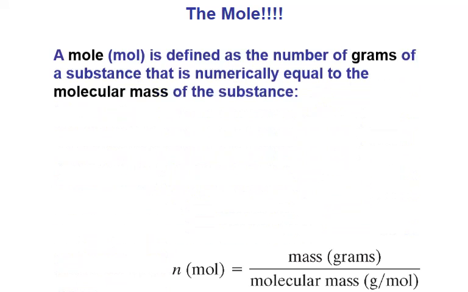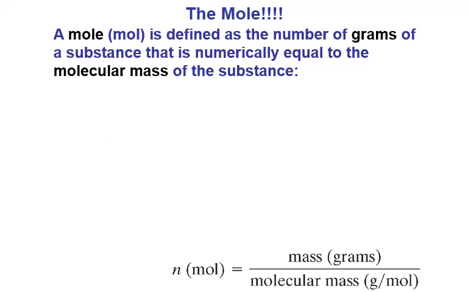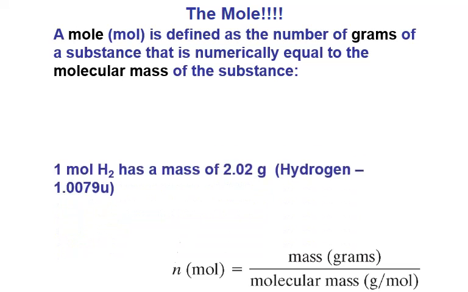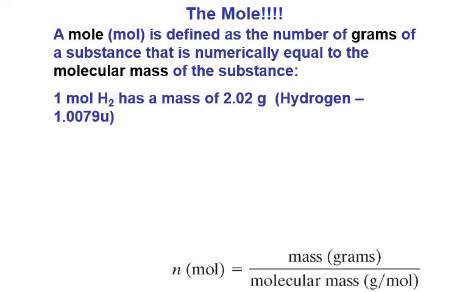Okay, now the mole. The mole is defined as the number of grams of a substance that is numerically equal to the molecular mass of the substance. So in other words, if we had 1 mole of H2, so here's a container, and in this container we have a lot of these molecules, a very specific amount, we'll talk about that.